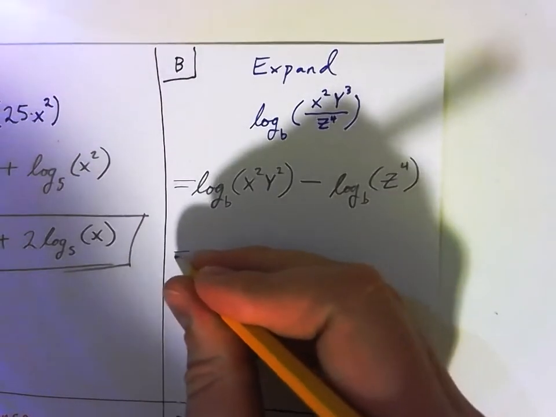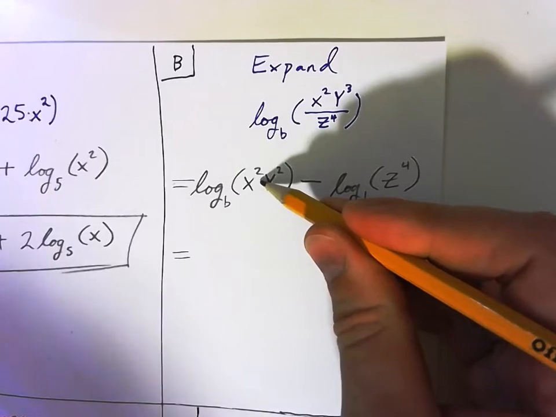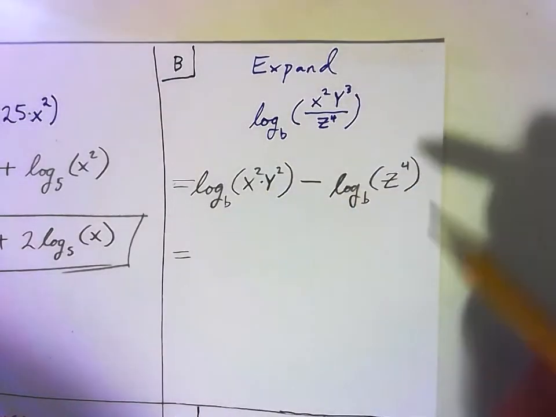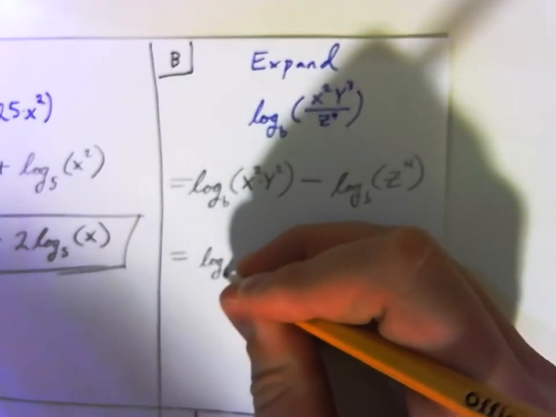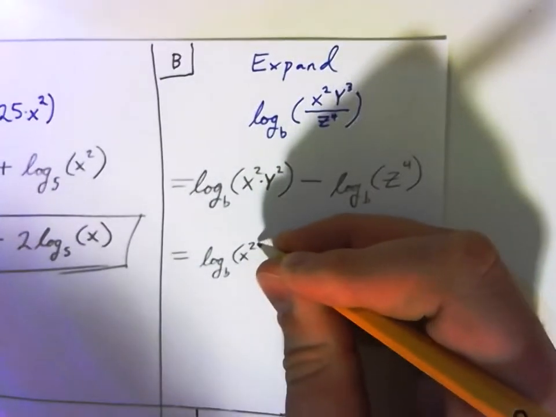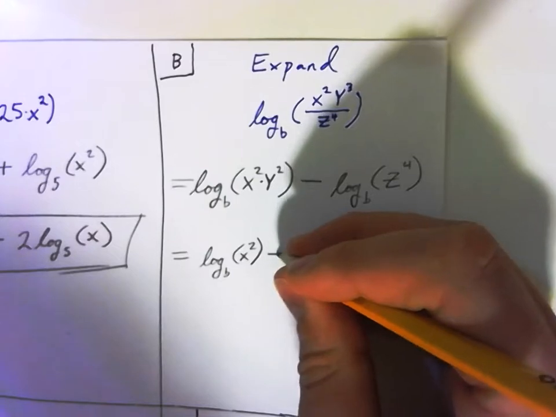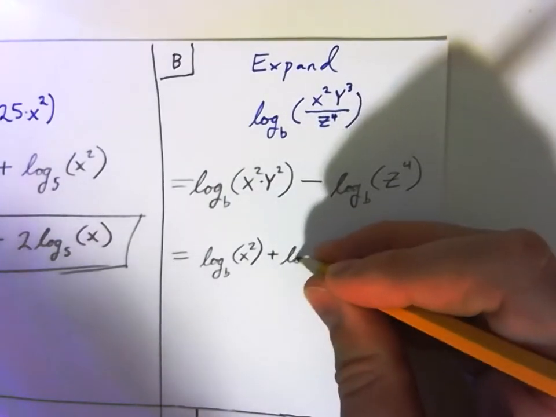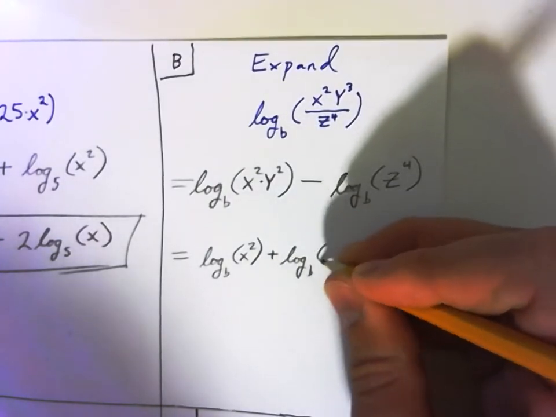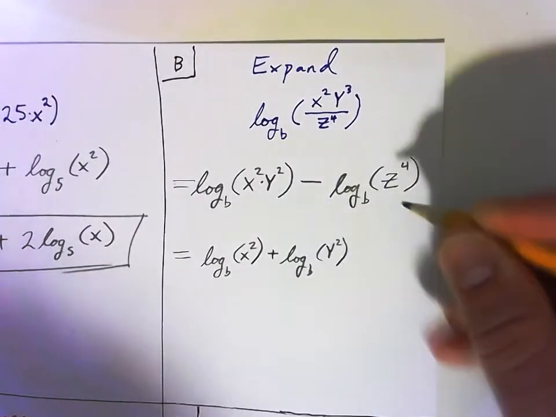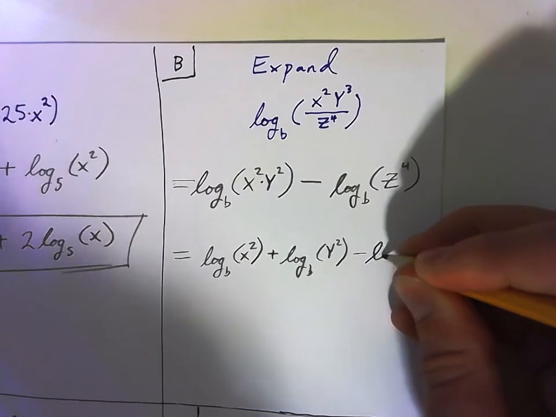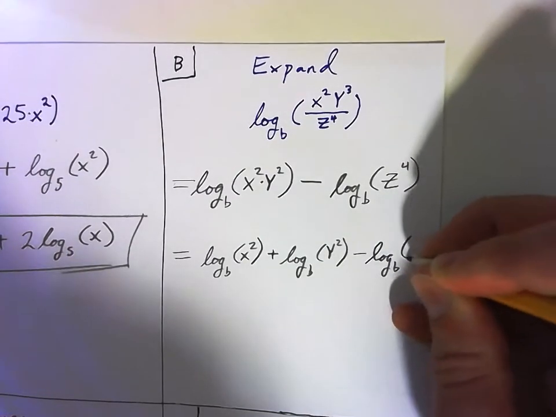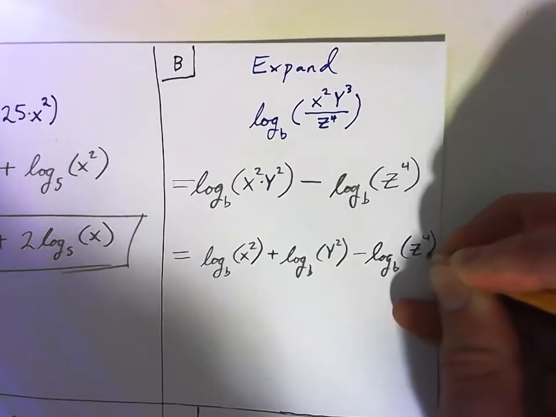So first I'll use the product property on this one, then I'll deal with the exponents in a second. So that would be log of x squared plus log of y squared. That's separating those using the product property, minus log of z to the fourth.